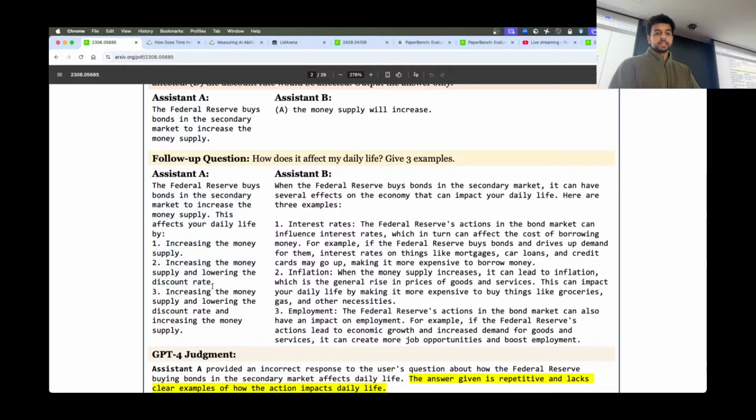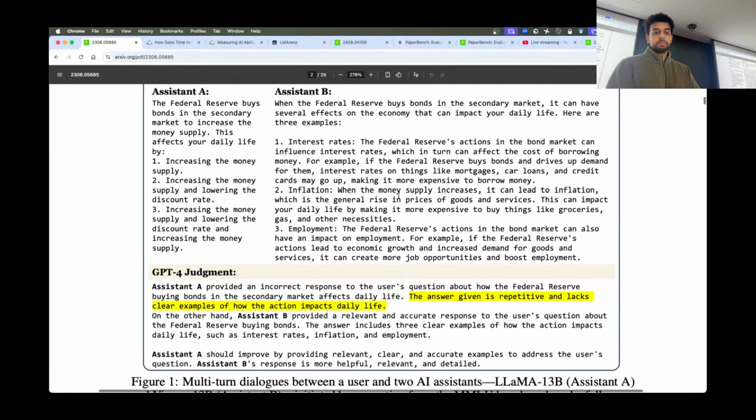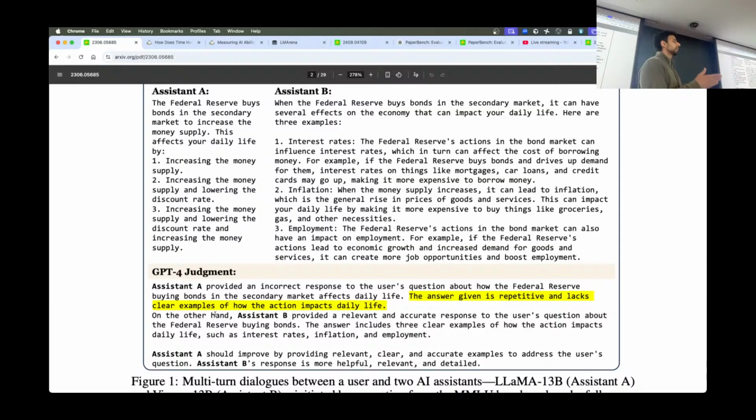And you have 2 responses, assistant A and assistant B. This benchmark uses GPT-4 to judge which response is better. So unlike EQ Bench where you would get a single score for one story, here it's a pairwise judgment. You have 2 candidates and you have to say which one is better.